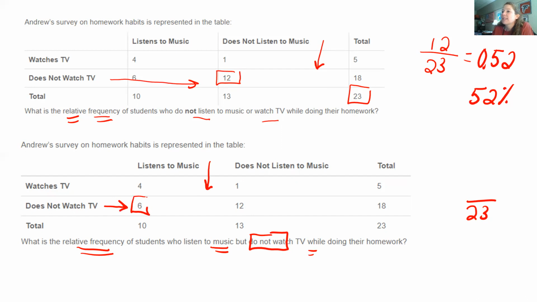So we're talking about 6 people who listen to music but do not watch TV while they're doing homework. So we're going to find what is 6 out of 23. I can leave it like that, 6 out of 23, or I could divide 6 by 23 and get 0.26, or move that decimal 2 places to the right and say 26% of these students listen to music but do not watch TV while doing homework, 26%.